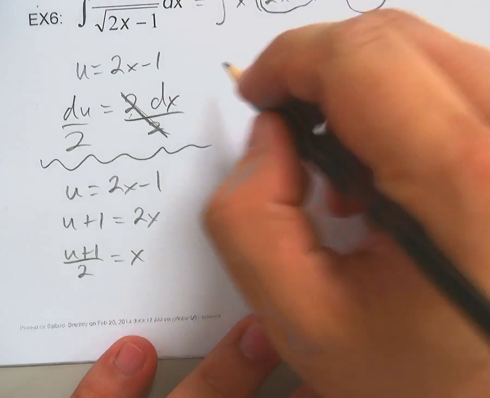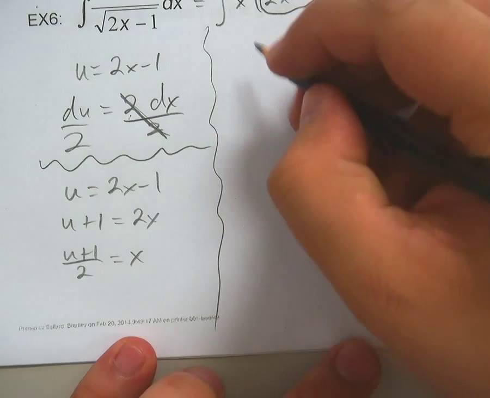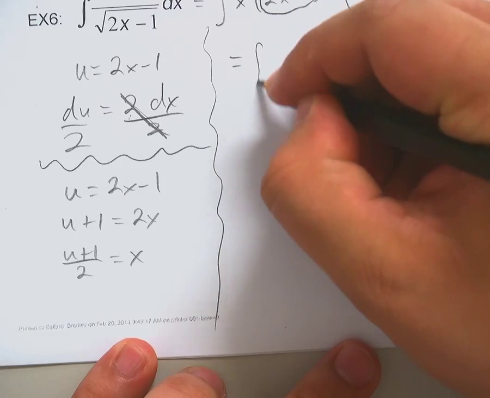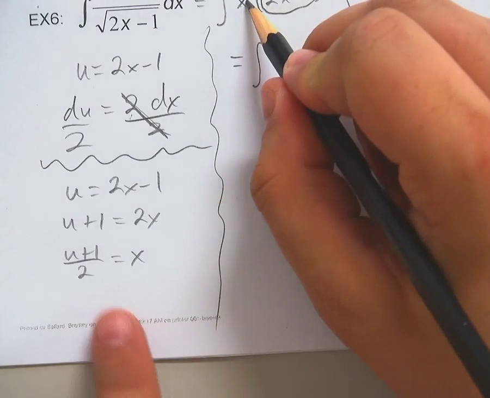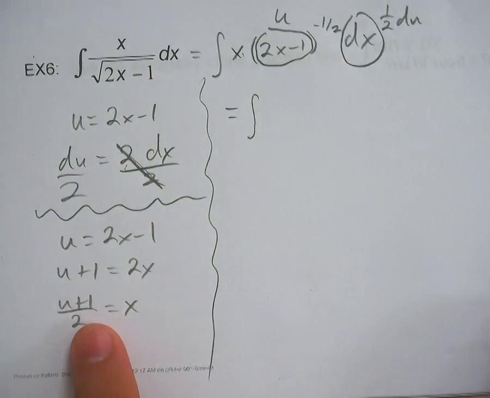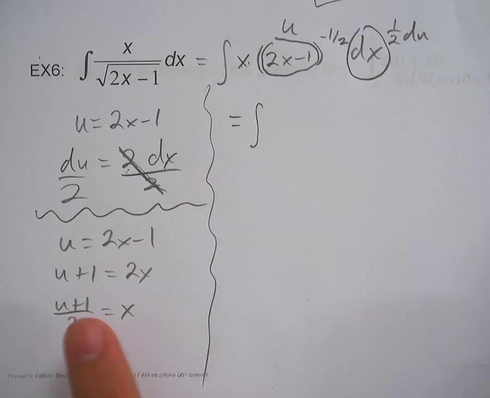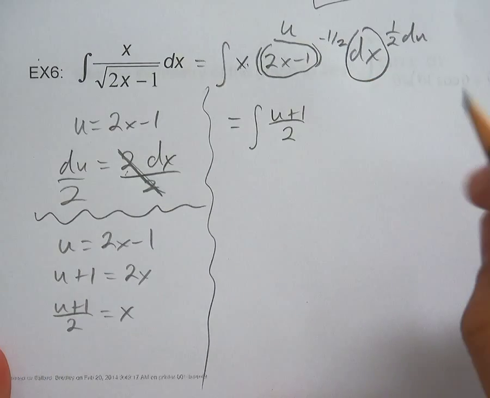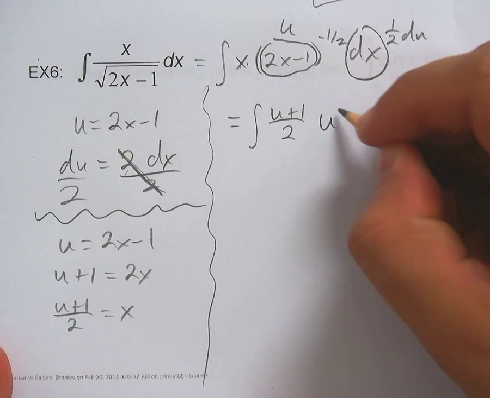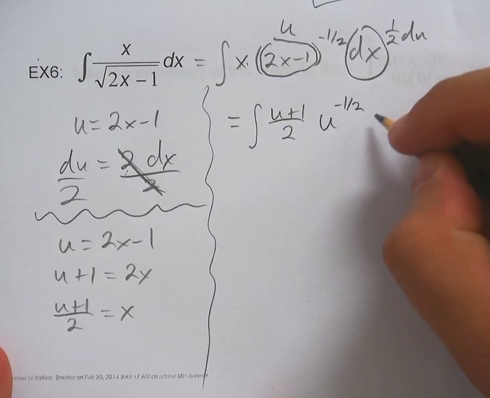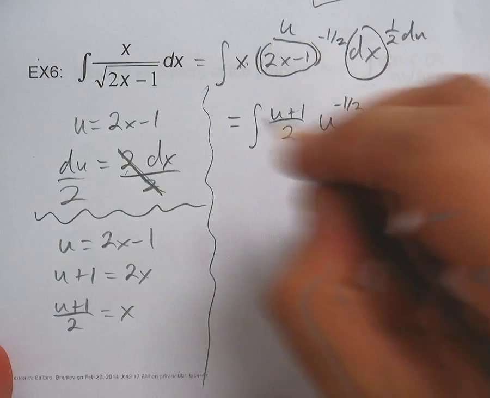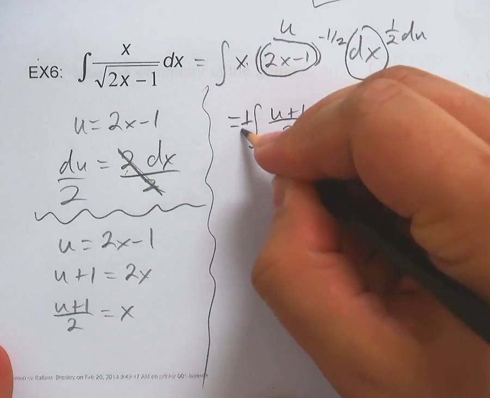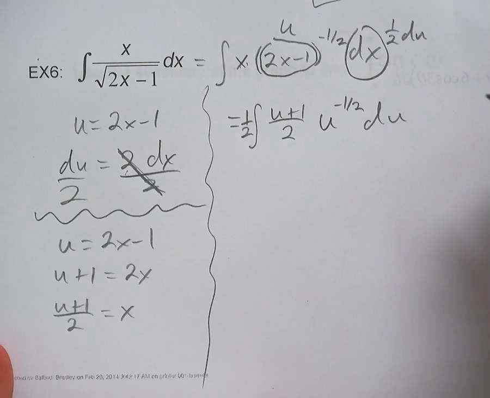So let me start by rewriting this as the integral of, plug this in for x, (u plus 1) over 2, u to the negative 1/2, and we can go ahead and bring the 1/2 out front, du.